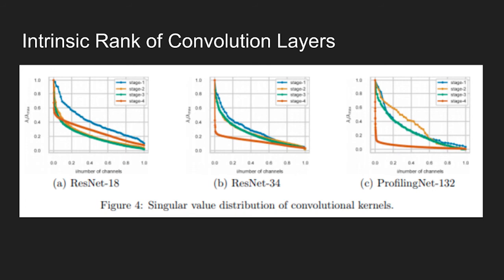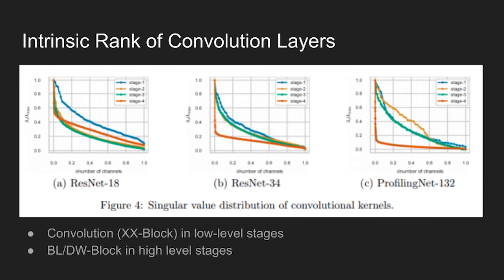From figure A to C, it's clear that the singular values of high-level layers decay much faster than low-level ones. Based on the observation, the authors conclude that it's reasonable to use convolutional blocks, which is XX blocks, in low-level stages and bottleneck or depthwise block in high-level stages to maximize GPU efficiency.